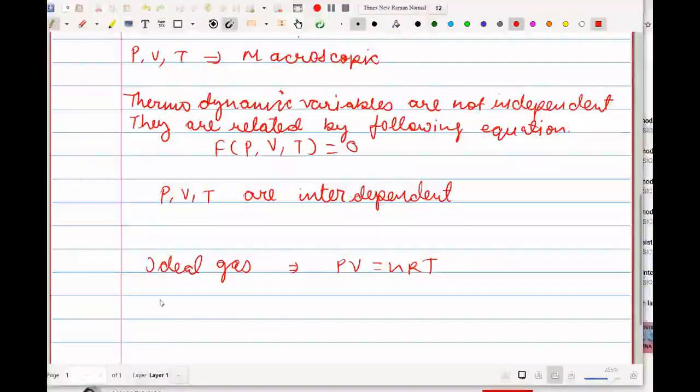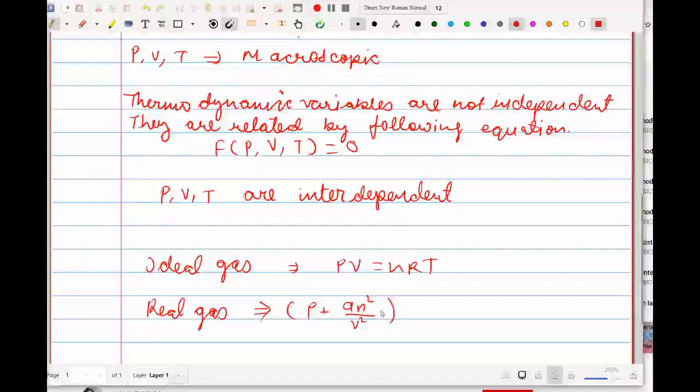Then in case of real gas, the equation for the real gas is (P plus n squared a over V squared) into (V minus nb) is equal to nRT.